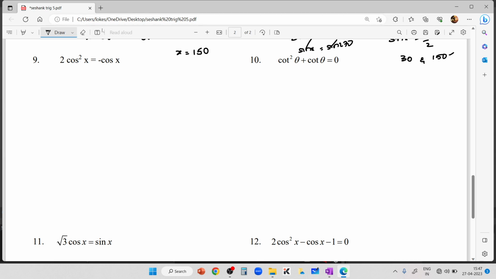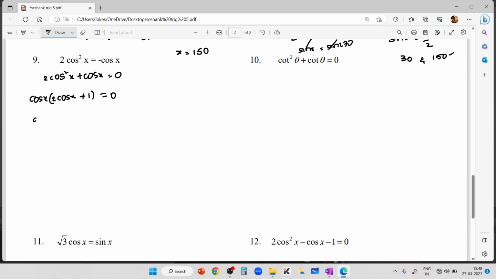Let me solve it. 2 cos square x plus cos x is equal to 0. I can take cos x as common. So if I take cos x as common here, the only thing left is 2, and out of 2 cos square x, I have taken cos x as common, so one more cos x will be left here. So plus 1 is equal to 0.